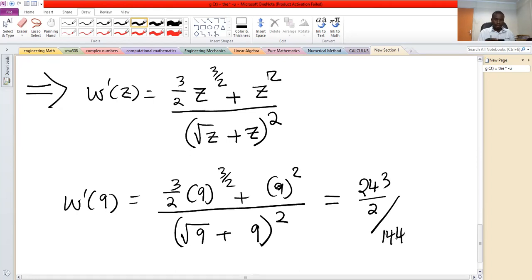So 243 divided by 2, divide by 144, we get 27 over 32.